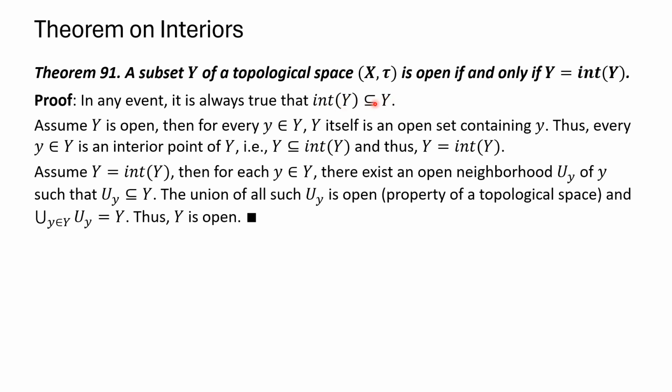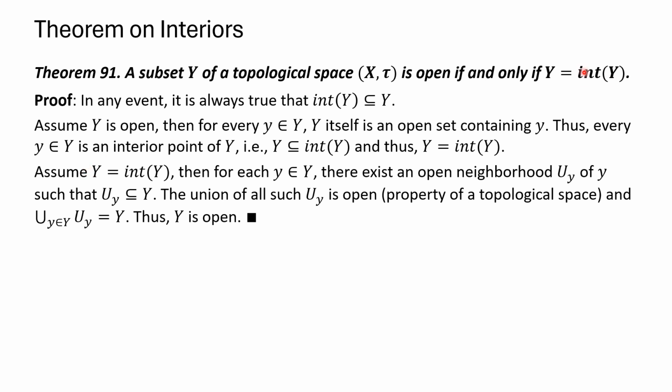So int Y is a subset of Y. Let's prove the theorem going in the forward direction. Assume Y is open. Then for every y, an element of Y, Y itself is an open set containing y. Thus, every y, an element of Y, is an interior point, which implies that Y is a subset of the interior of Y. So between this result and the previous one, we conclude that Y equals its interior.